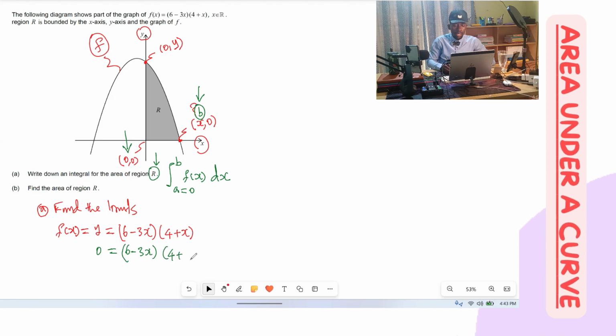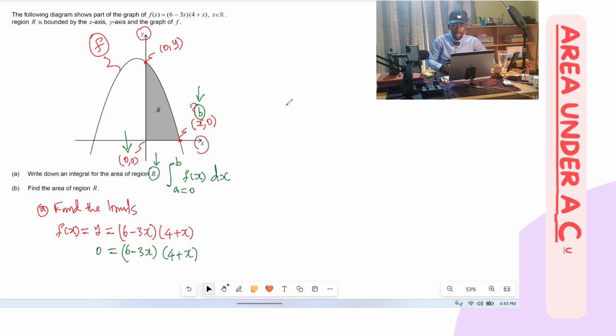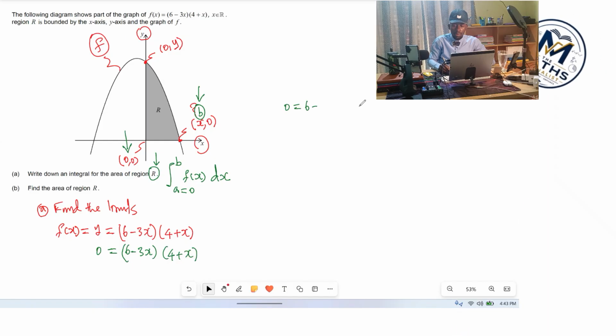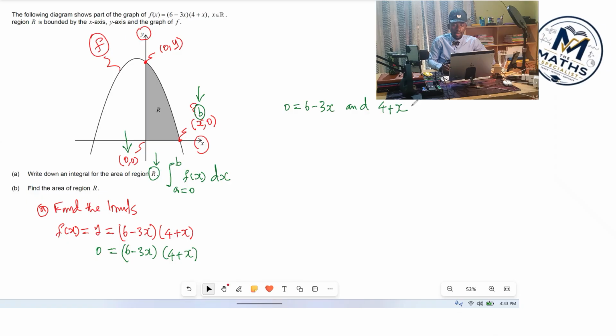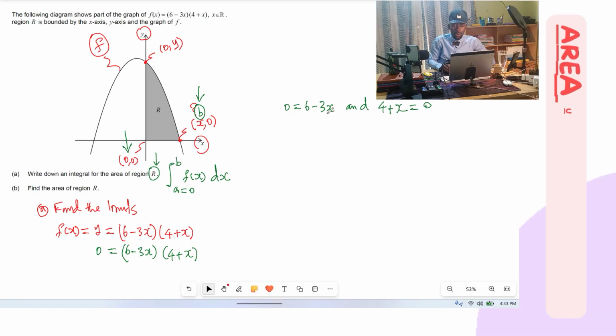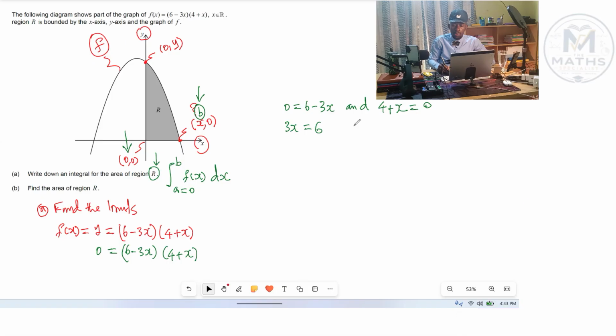So then what are we saying? We are saying 0 equals 6 minus 3x, and also 4 plus x equals 0. So 3x equals 6, and here x equals negative 4.